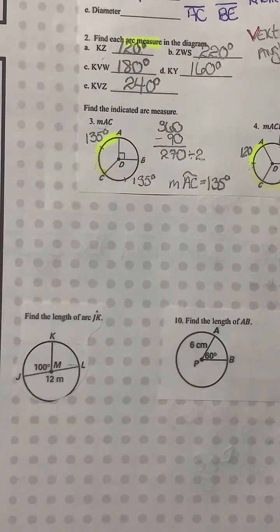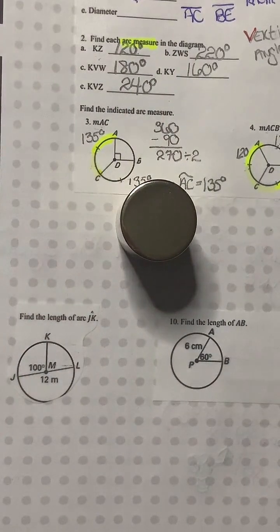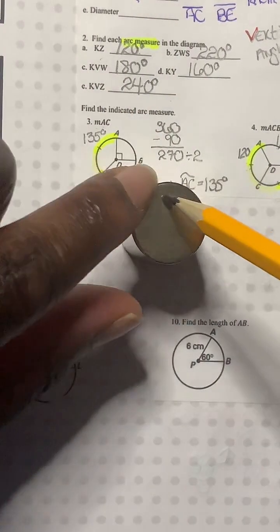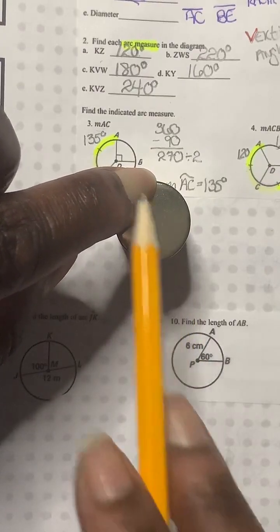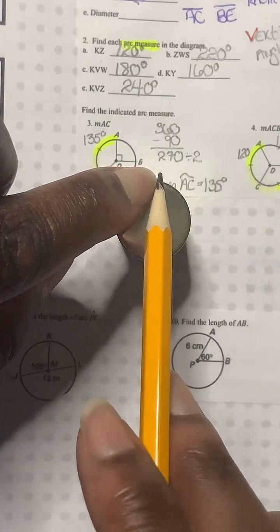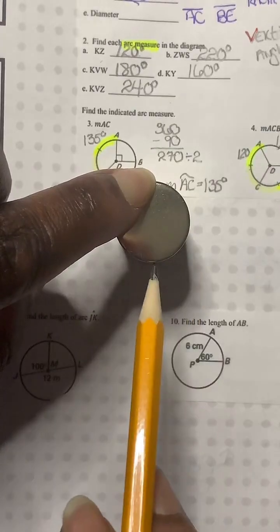So if I had my cap, and say I had some string, which I don't, that wanted to go from here to here, and I wanted to measure that arc length, just the side of my cap, I wanted to see how long that arc right there is.